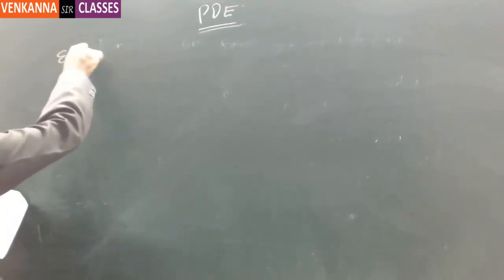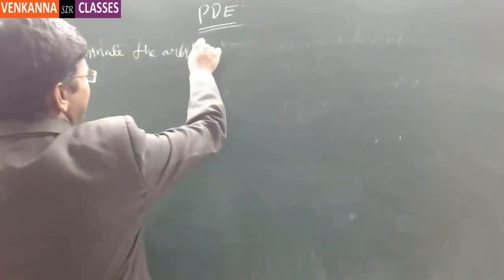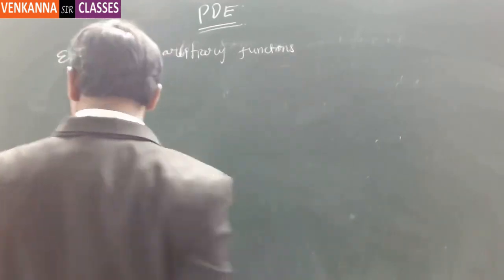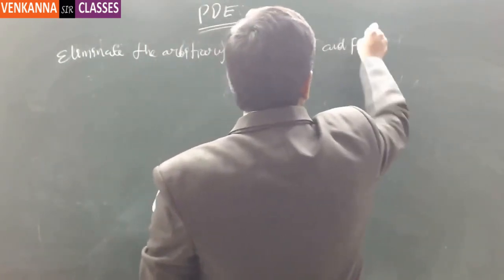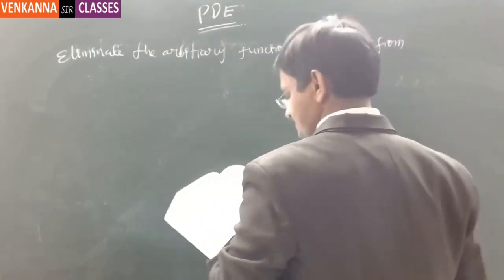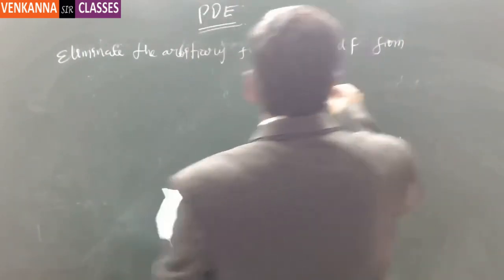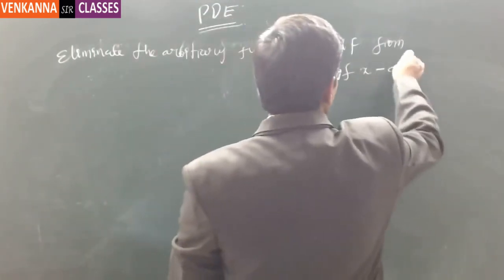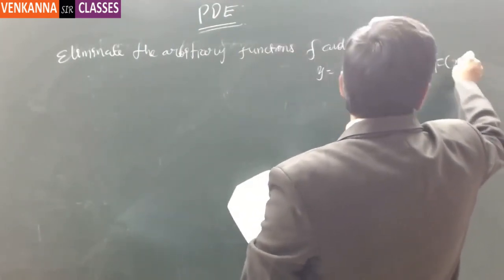Eliminate the arbitrary functions, small f and capital F, from y equal to f of (x minus at) plus capital F of (x plus at).